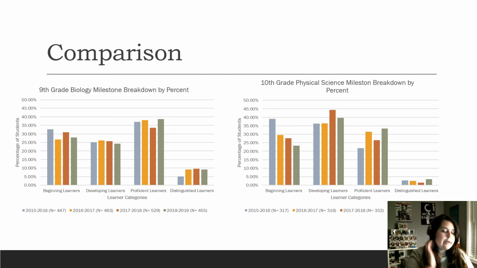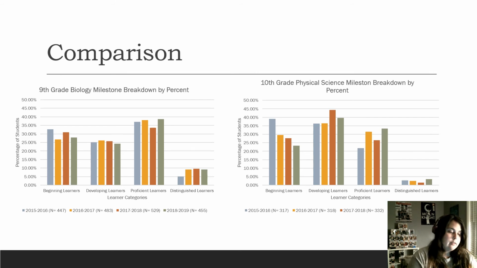Okay, so now we're going to compare the percentages of the learner categories for both of those tests. So here we have the two graphs lined up evenly, both going up to 50%, so we're on the same scale. And we can see that for biology, we have a higher amount of proficient learners and distinguished learners, which is a good thing.